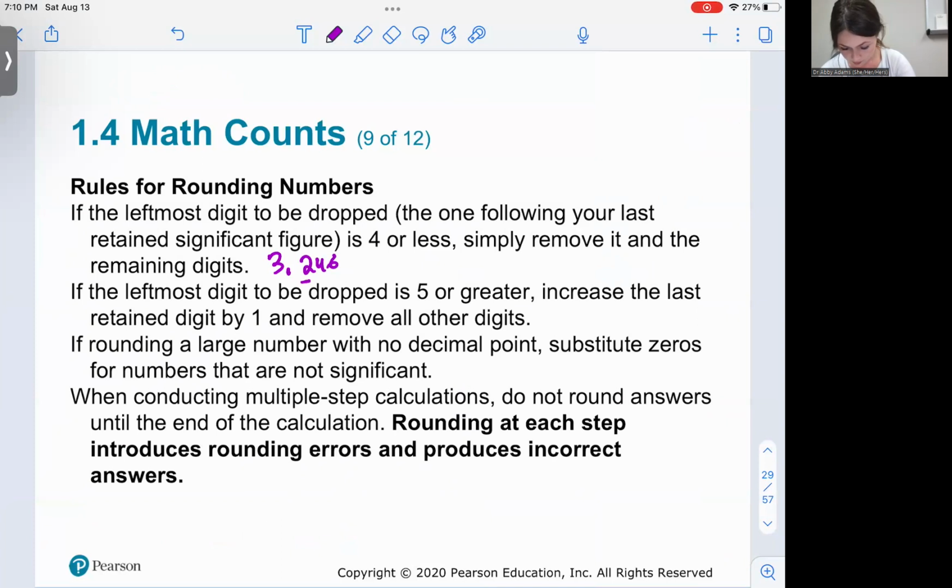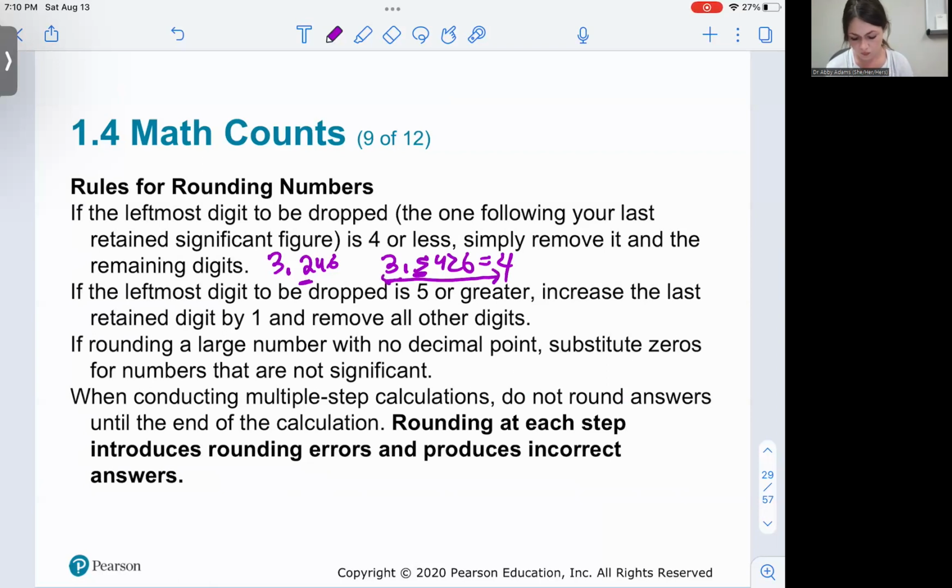If it's less than 5, simply remove it and the remaining digits. But if the leftmost digit to be dropped is 5 or greater, increase the last retained digit by 1 and remove all the other digits. So here, versus 3.5426, if it's a 5 or greater, you round up to 4. So this 3 becomes 4.